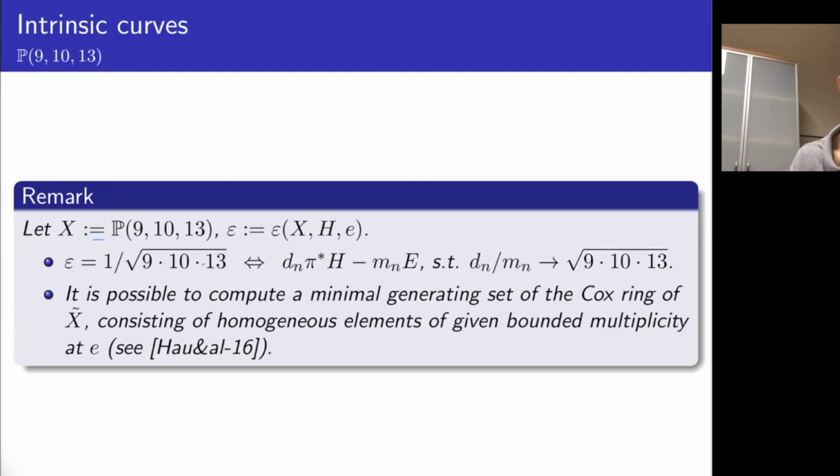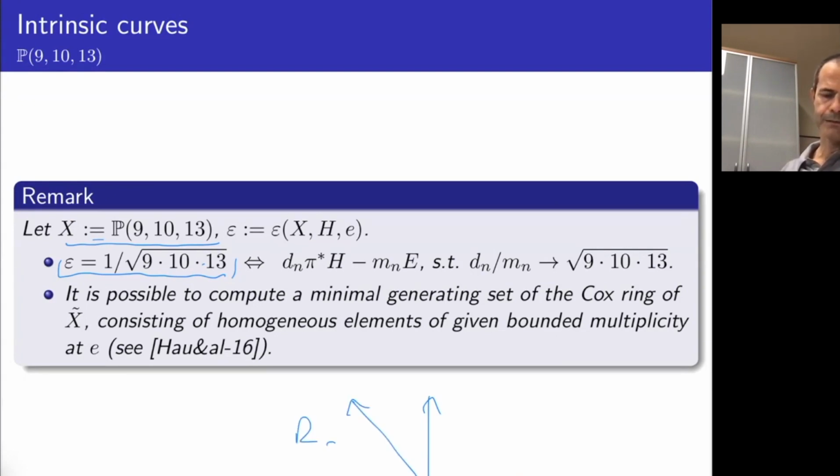Let us fix the case of 9, 10, 13, where it is conjectured that the Seshadri constant is irrational. So one would like to prove that the Seshadri constant is 1 divided by the square root of the product of 9, 10, 13. This is equivalent to proving, this is the picture, this is R minus.